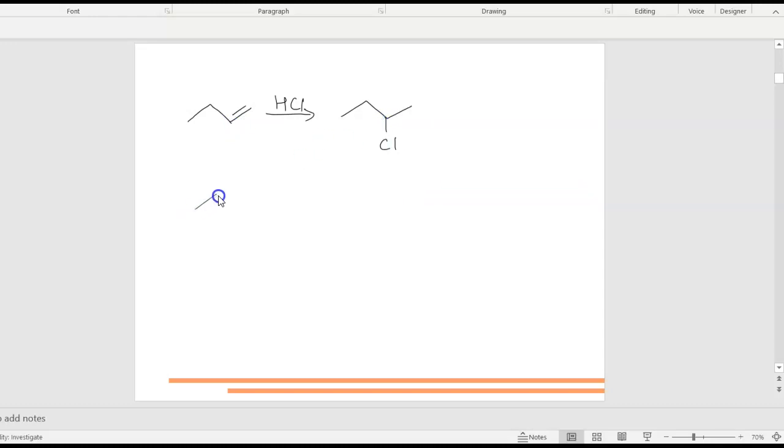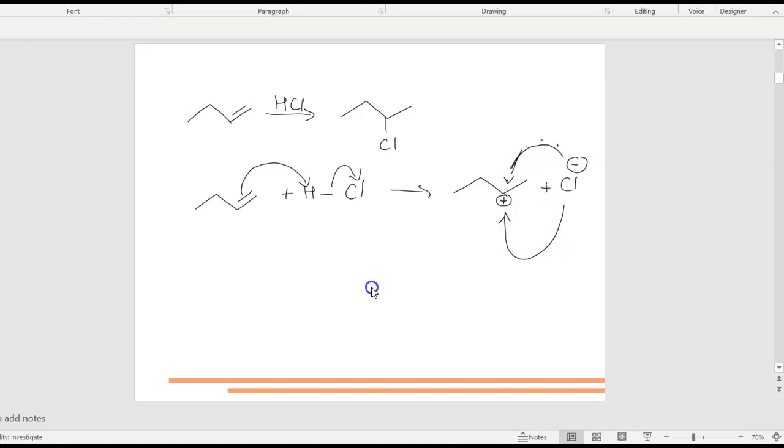So if you write the mechanism of this, the first step is attack of the double bond onto the electrophile, nucleophilic attack on the electrophile to form the carbocation. Here is where the carbocation is formed, and you have the Cl minus. Now this is where I was saying that the chloride can attack from the top or from the bottom with equal probability, right?